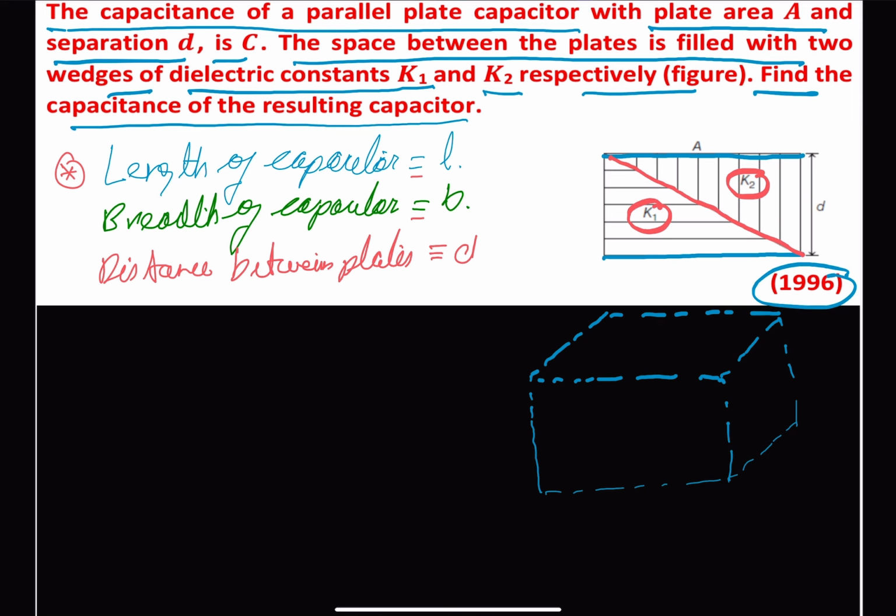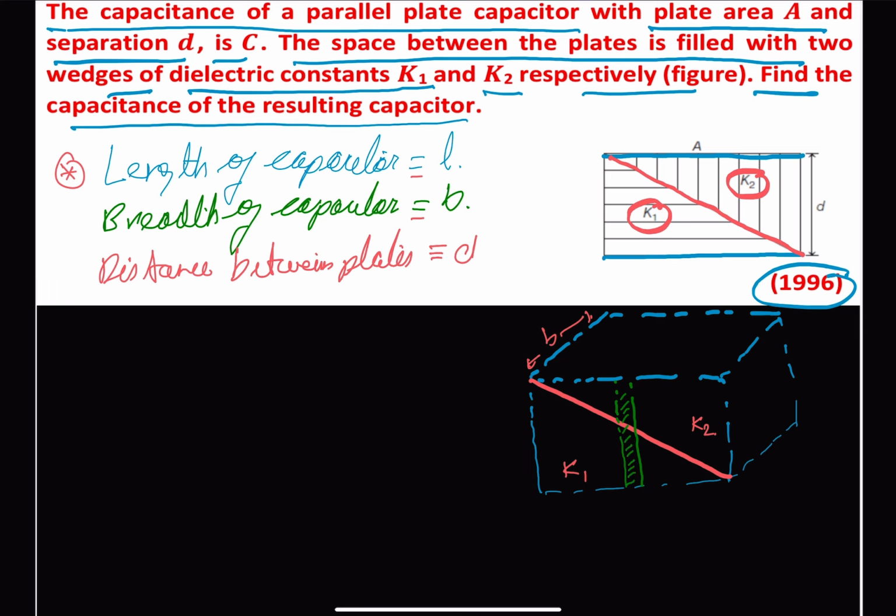So we have the breadth of the capacitor, this is B, and the distance between the plates is D, and it is divided into two parts like this. Here we have our K1 and this is our K2, and let us consider a small area, something like this.